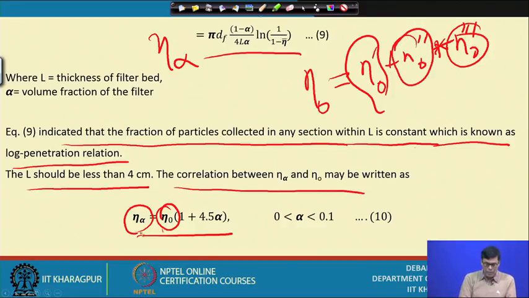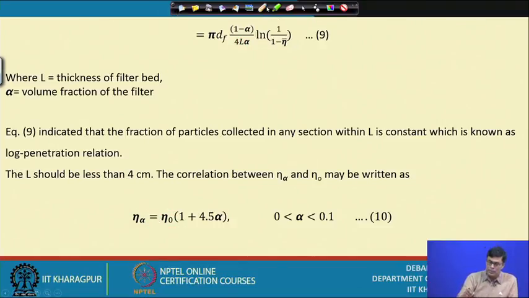But if you use this correlation between eta alpha and eta 0, if you know the eta 0 value, we can easily calculate the eta alpha value, and then we can easily find out L, the thickness of the air filter. We can design like this.